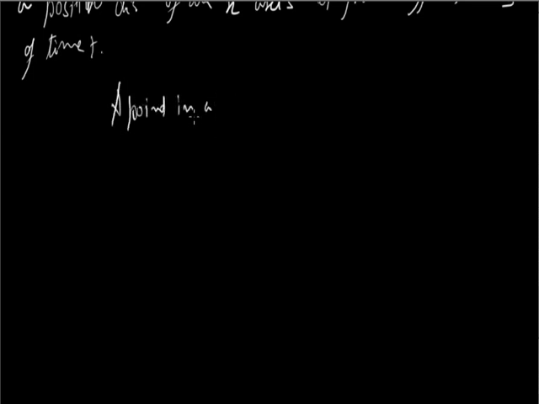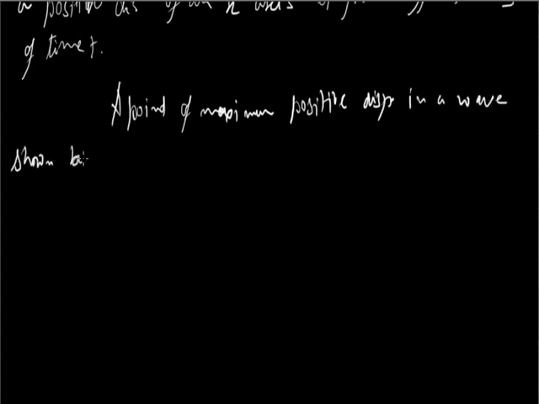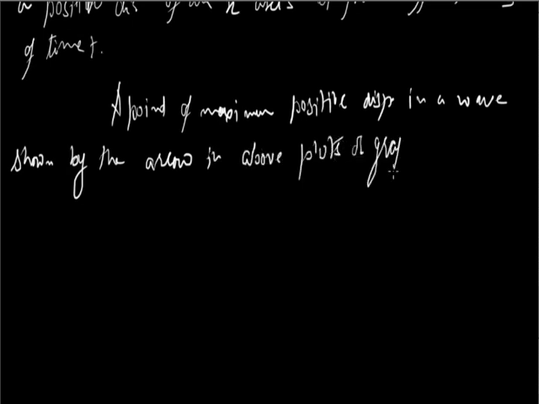A point of maximum positive displacement in a wave, shown by the arrow in the above plots or graphs, is called a crest.